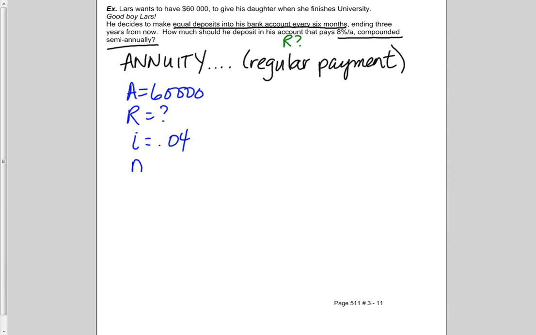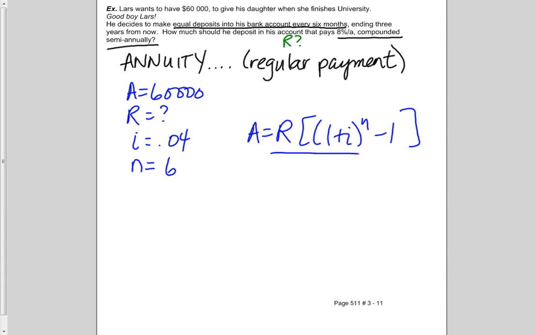The number of deposits that are made and the number of times that interest is calculated is every 6 months for 3 years. So that will be 6 times. So we are going to type this into our equation. And solve for R.